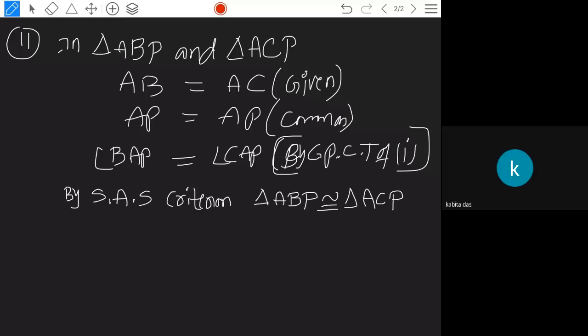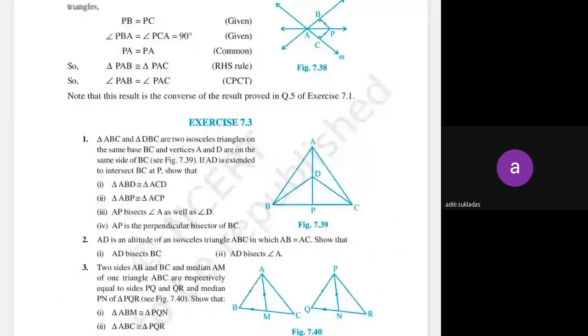Now what we have to prove next is that in the triangle, AP bisects angle A as well as D. AP bisects angle A, we have already proved. How?